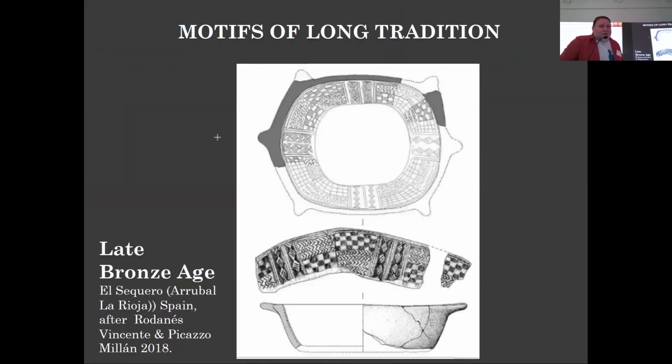But then we have to bear in mind that even many centuries after the Beaker period, we can still find some of these motifs on, for example, late Bronze Age or even early Iron Age pottery, like on this possibly ceremonial dish or bowl, decorated with all those known motifs like rhomboids, the chest pattern, or the wavy line.